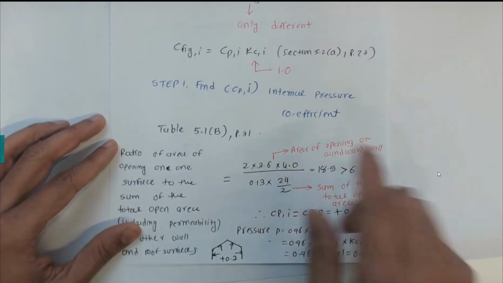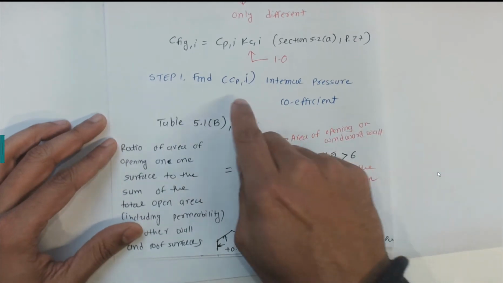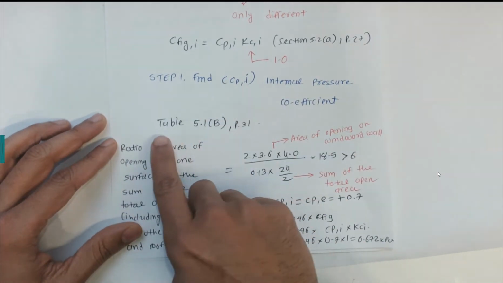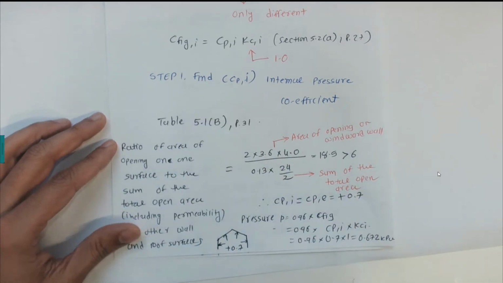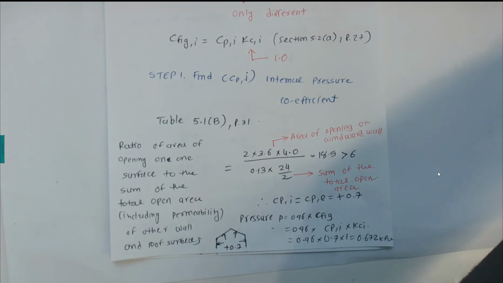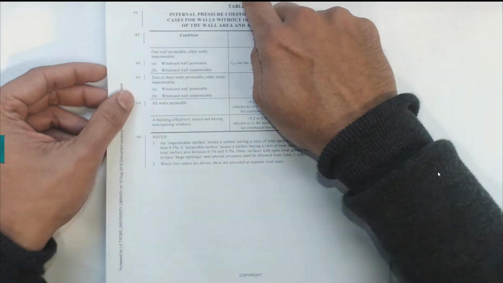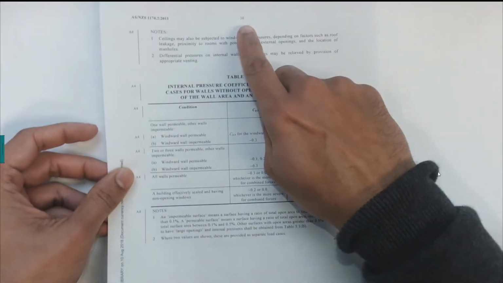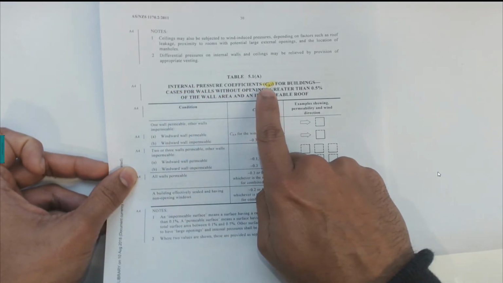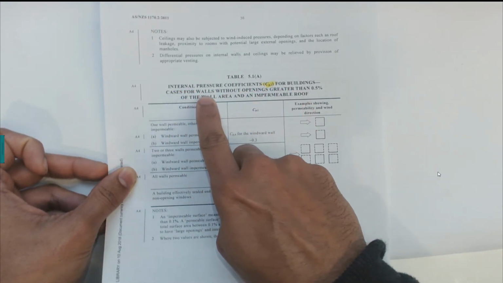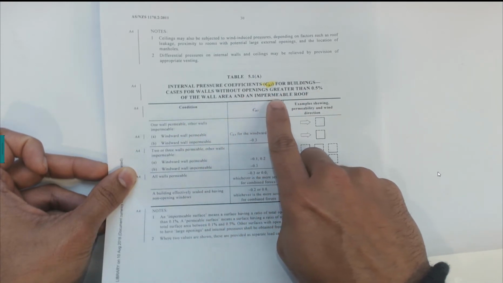Now for step number 1, we need to calculate the CPI for case 1. To calculate the CPI we have two tables, table 5.1a and table 5.1b, and I'm going to explain which one we can use. Table 5.1a is given on page 30, and it gives the internal pressure coefficient CPI for buildings with walls without openings greater than 0.5% of the wall area and an impermeable roof.